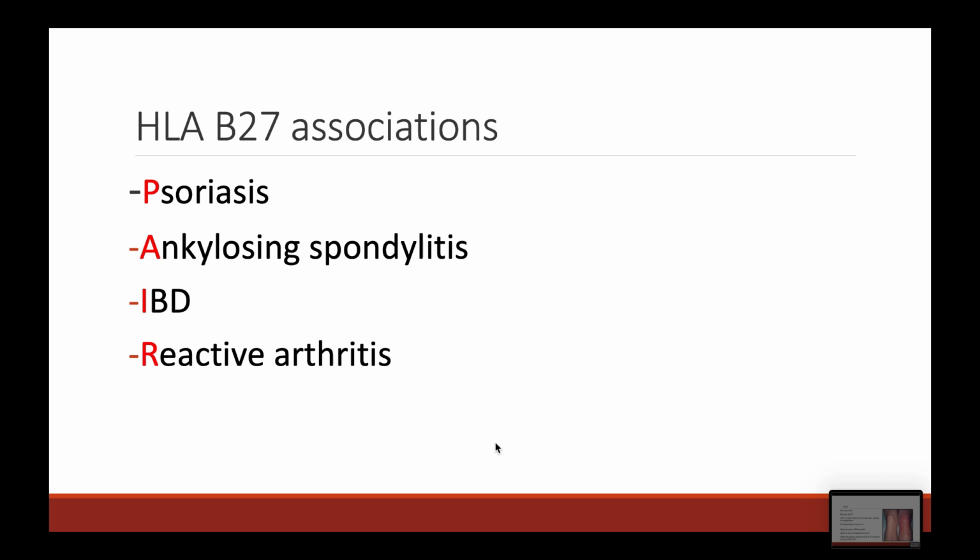The first one is psoriasis, the second one is ankylosing spondylitis, and then it's IBD and reactive arthritis. Therefore, you can put this in your head with the mnemonic PAIR. And obviously there are more. However, in OSCEs you're only expected to list 3. 4 is definitely good enough.